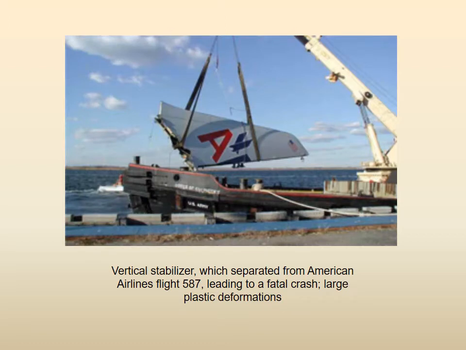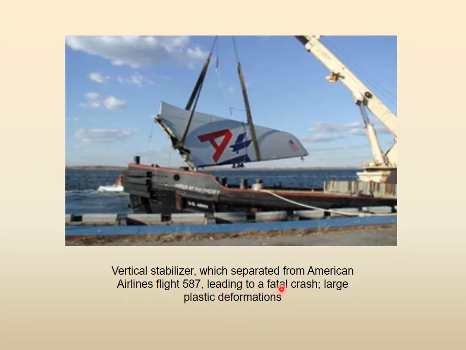I always try to take some pictures from the real world. If you see, this is a portion of the wing of an American airline plane that crashed. Just imagine that this whole portion, called the vertical stabilizer, separated from American Airlines Flight 587, leading to a fatal crash.